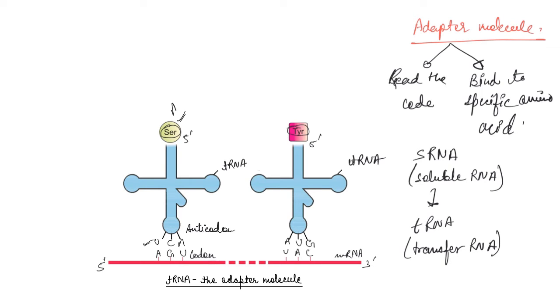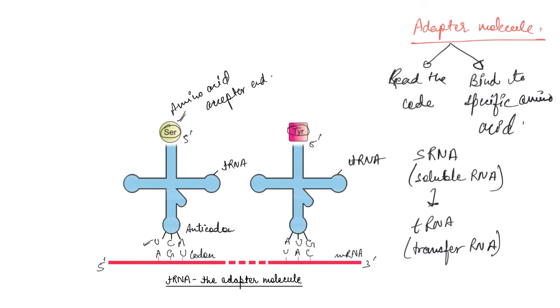So this is the amino acid acceptor end. To this amino acid acceptor end, the tRNA binds to amino acids. Now, transfer RNAs or tRNAs are specific for each amino acid, guys. Remember, transfer RNAs are specific to each amino acid.